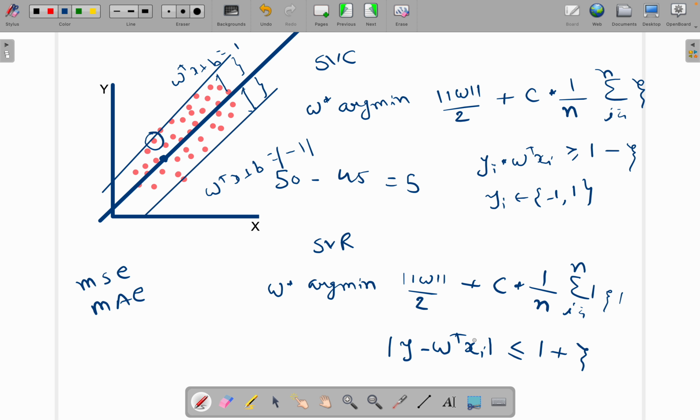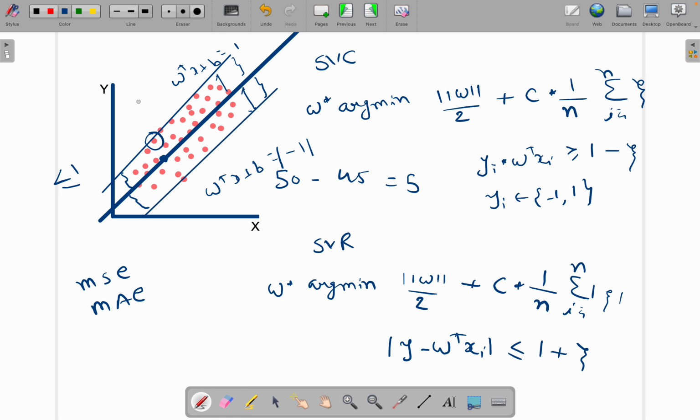So if I have less than 1, then I can say I am predicting very well, because the difference between my predicted value and actual value is less than 1. If any point belongs in this region, consider this red point, and I am predicting any value on this line, then the difference between predicted and actual value will be less than or equal to 1.